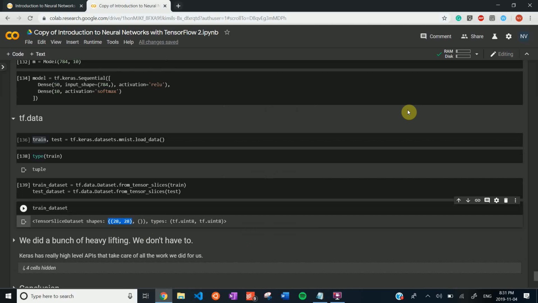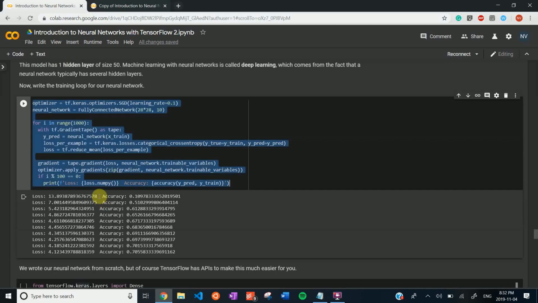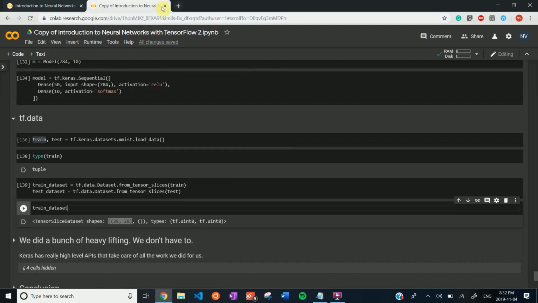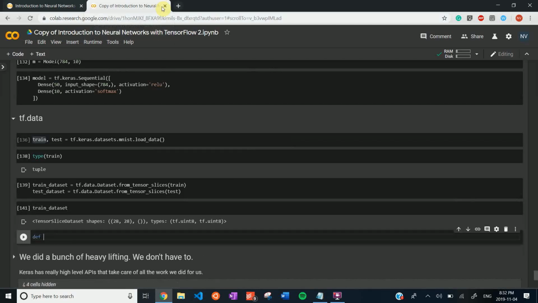Now we want to modify it in a way that we can train our model again. And so this involves the same steps, right? Turning this 28 by 28 into a 1 long vector, doing the 1 hot encoding, etc. I won't copy and paste it, I'll type it out. So I'm going to define our preprocess function again, and I'm just going to add a tf.data to the name.